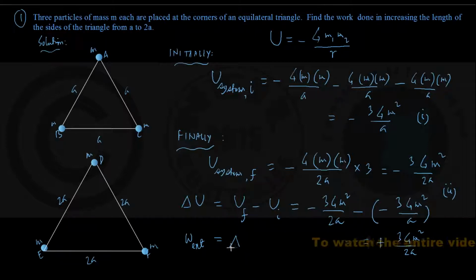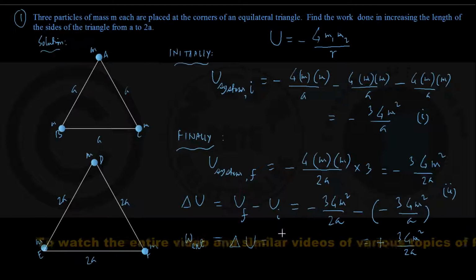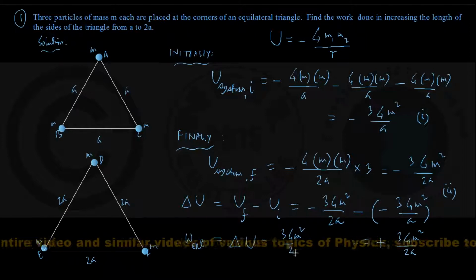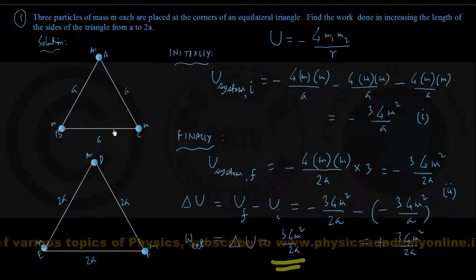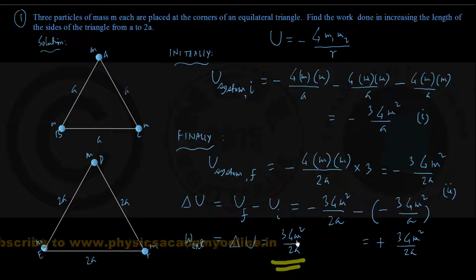In this case, it is change in potential energy only, and therefore the work to be done on the system of particles is the same as delta U, and that is coming out to be 3 G m square by twice A. And here is the answer to this question. We have found the work to be done externally on the system of particles is 3 G m square by 2A, where G is the gravitational constant, m is the mass of each particle, and A is the length of the side of the equilateral triangle initially.